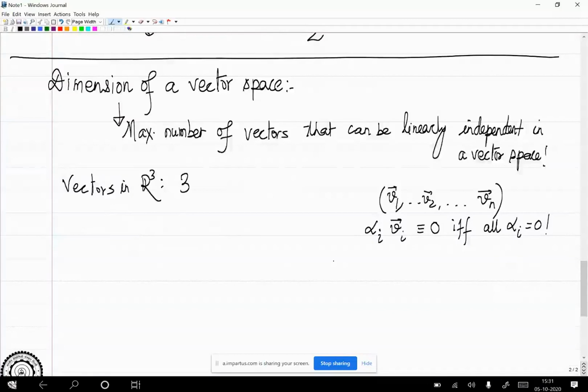For example, think of 1, 0, 0; 0, 1, 0; 0, 0, 1. These are three vectors in R3. You take alpha 1 here, alpha 2 here, alpha 3 here.